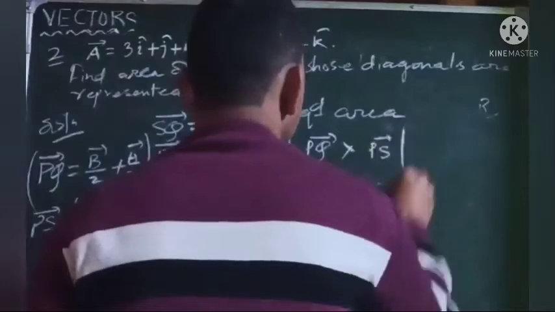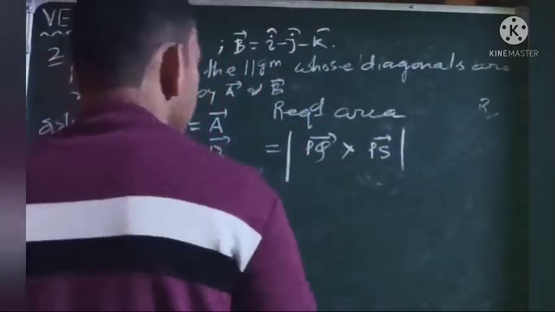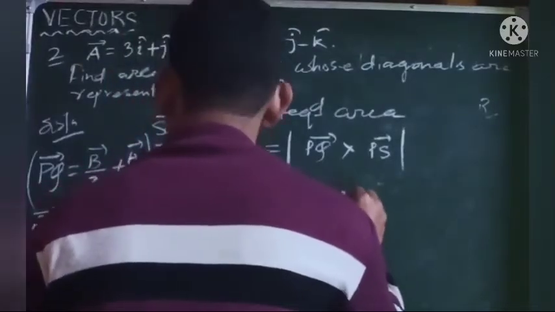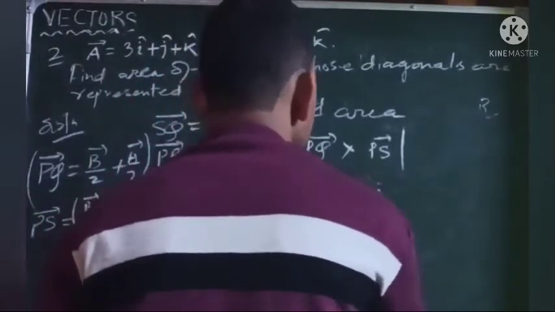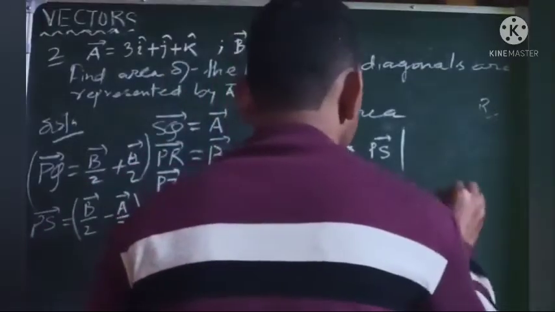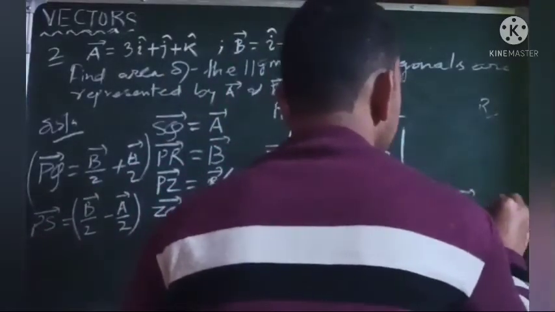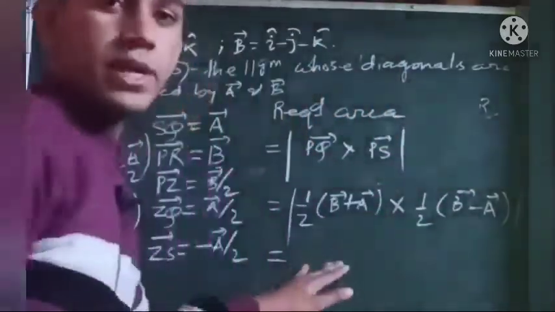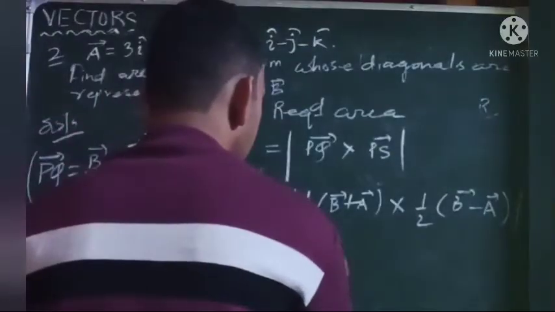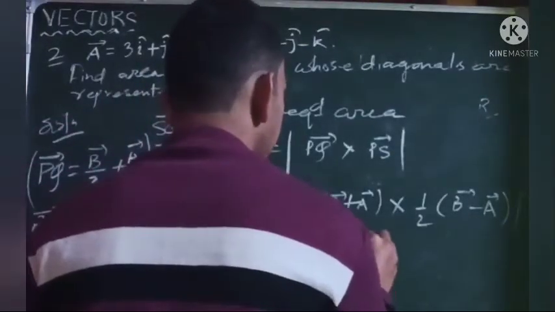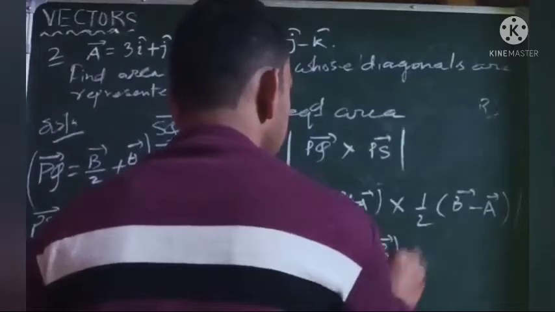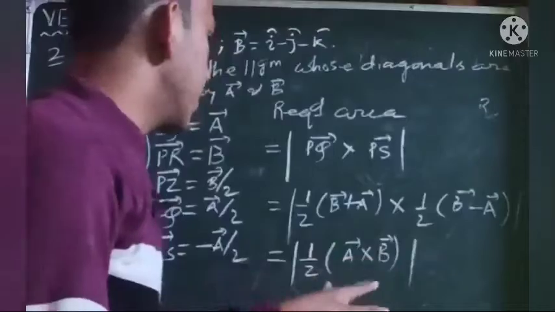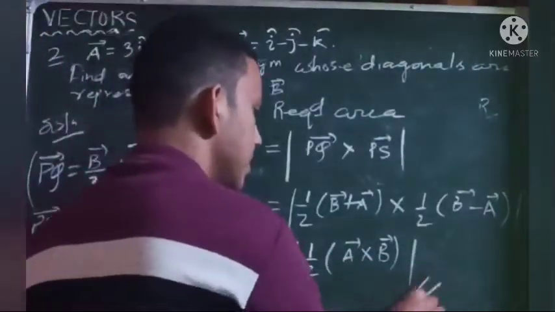Here PQ vector is half of b plus a vector, crossed with half of b minus a vector. Now if you simplify, we get half of the magnitude of a vector cross b vector. We just have to open these two brackets and we will get this answer. This is the answer of this question.